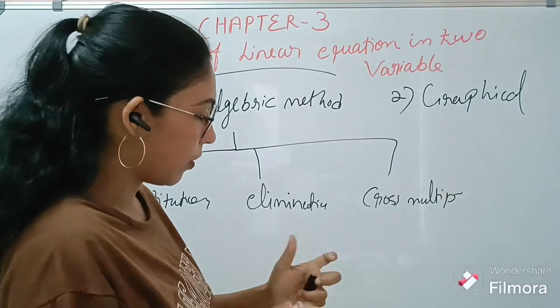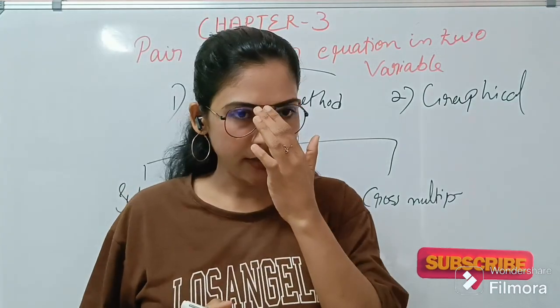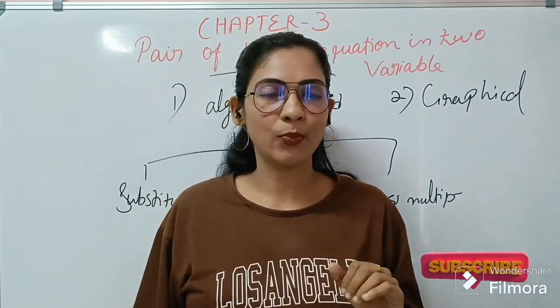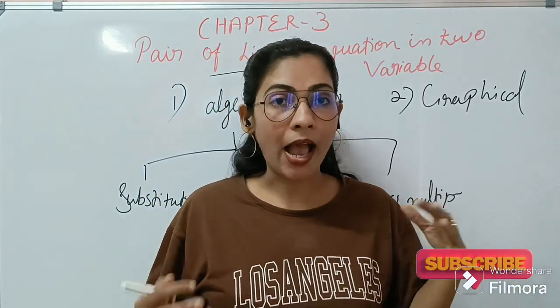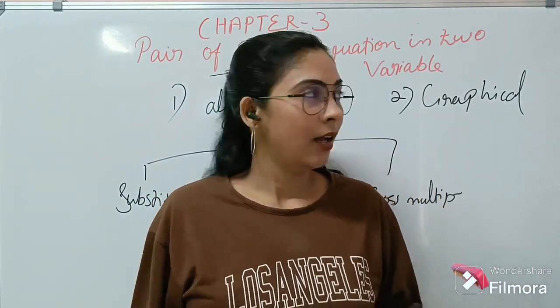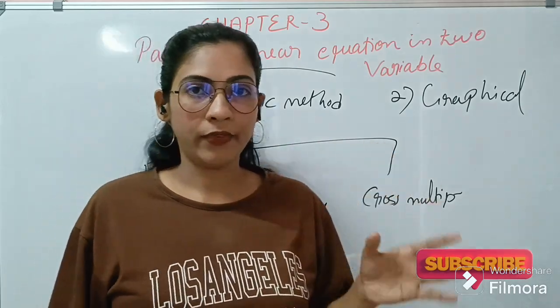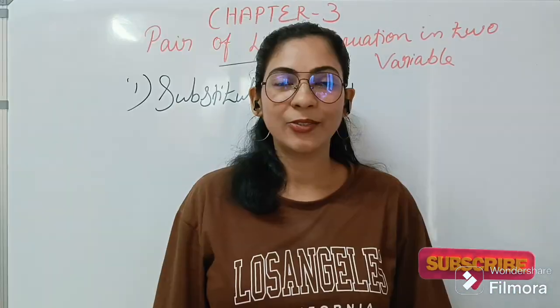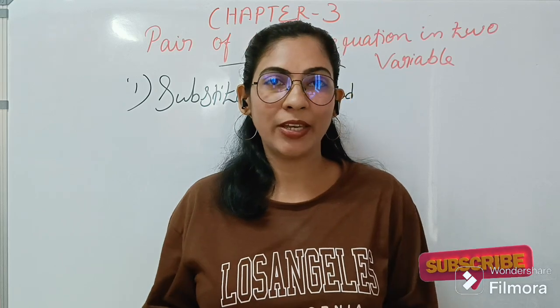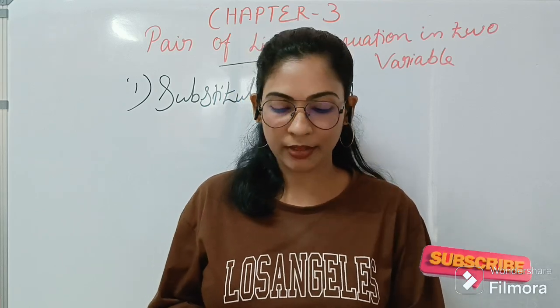Substitution, elimination, cross multiplication. And in your NCERT textbook this graphical method is explained firstly, but I am going to explain this algebraic method first, then after we discuss graphical method. Okay, so now let's find out the values of variable by substitution method.